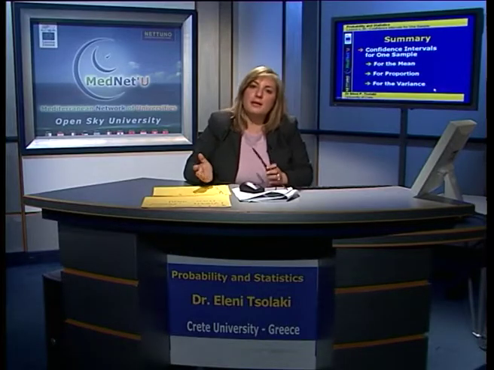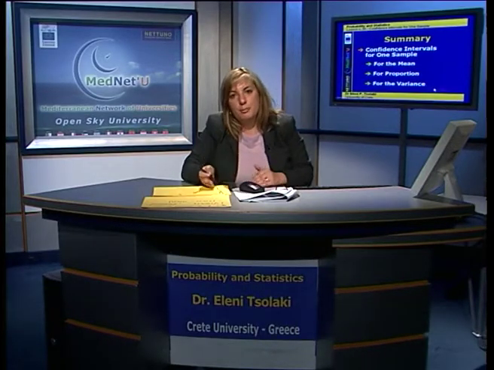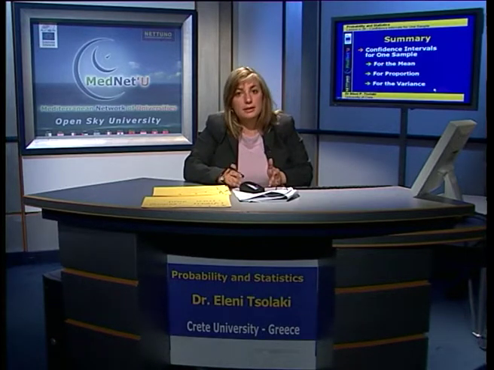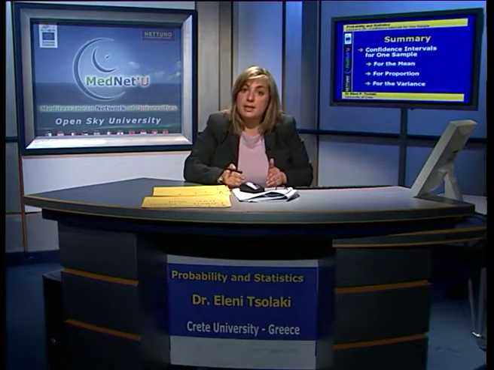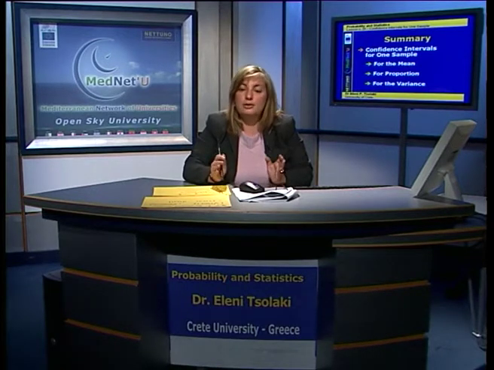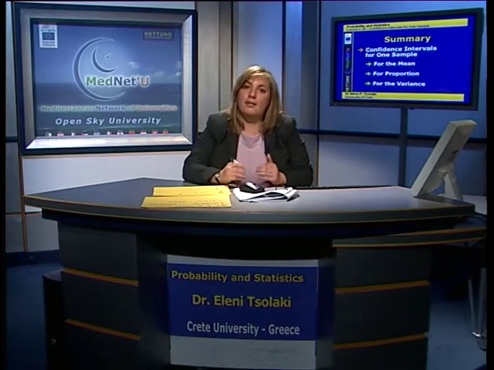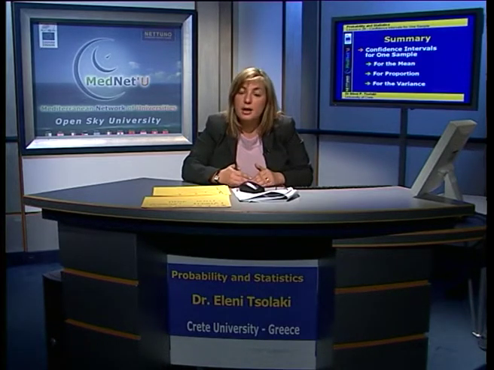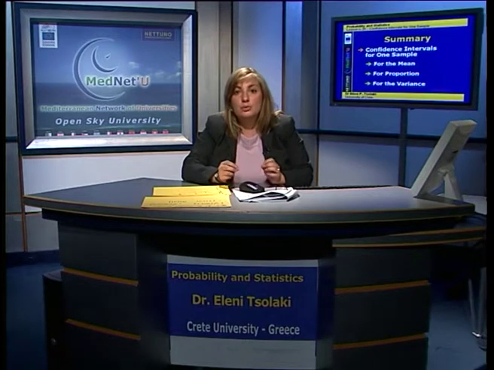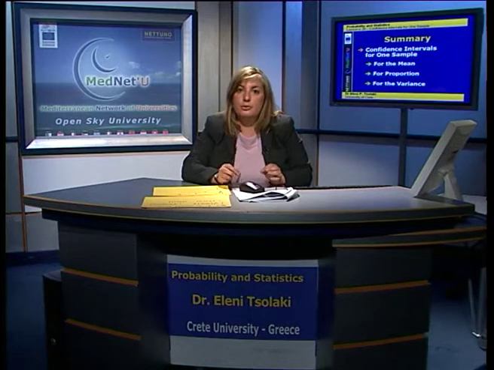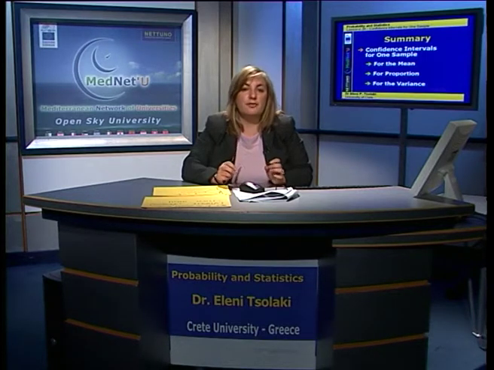Now, we've seen that for the mean and the proportion, the distributions used to calculate confidence intervals were symmetric, but we have to be very careful when we construct confidence intervals for the variance. The distribution used is not symmetric, so we have actually to read two values from our statistical tables, not just one, two different values.